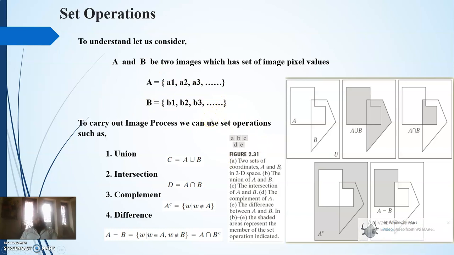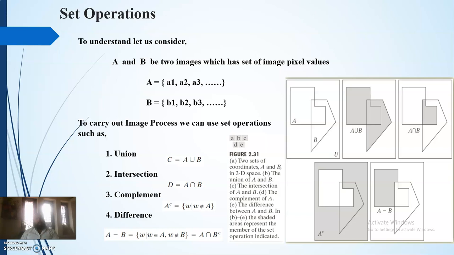While carrying out some process between two images, when it is related to set operation, the operations can be considered as union, that is combining two images, intersection, that is the pixels which are common to the two images, and complement, that is the part other than the corresponding image.